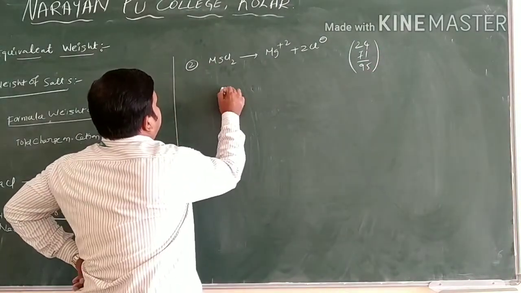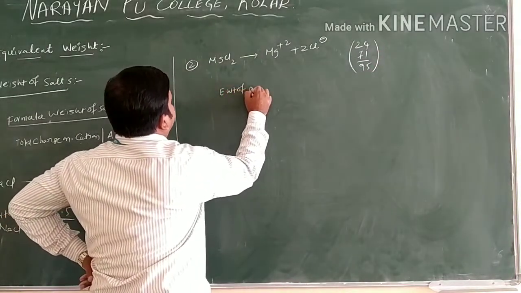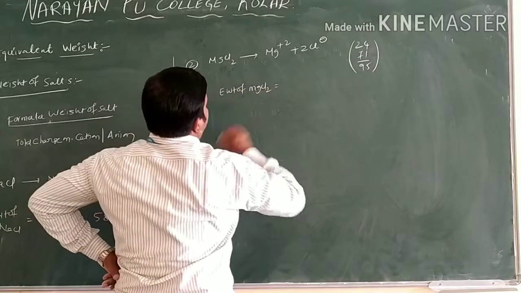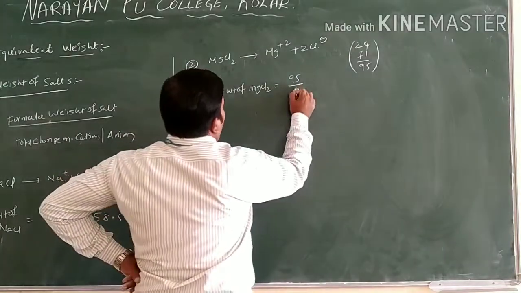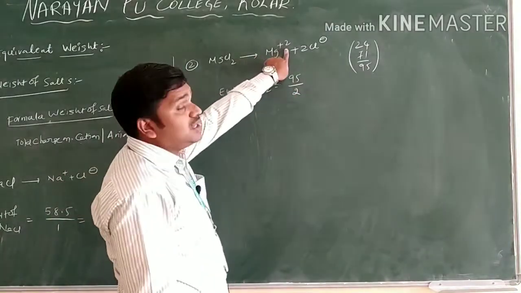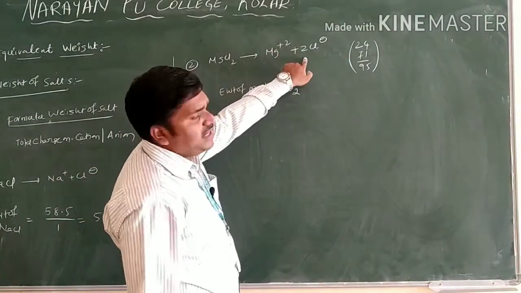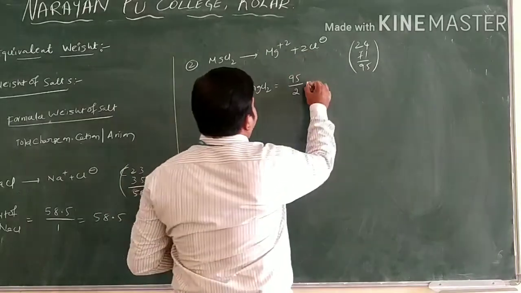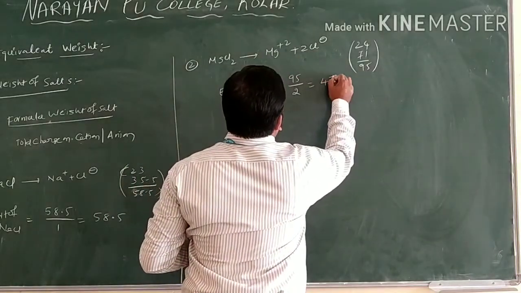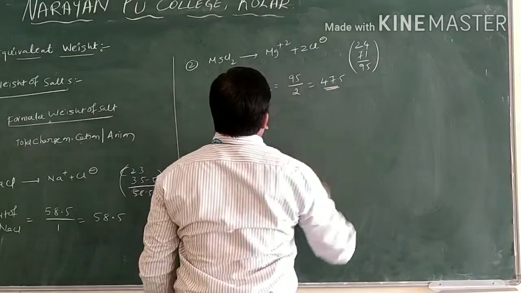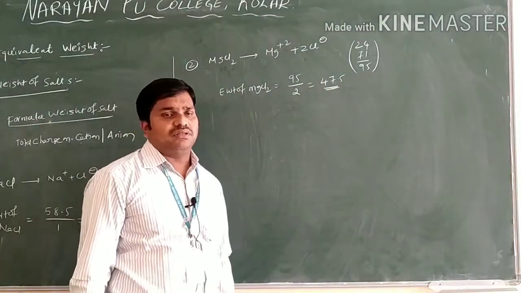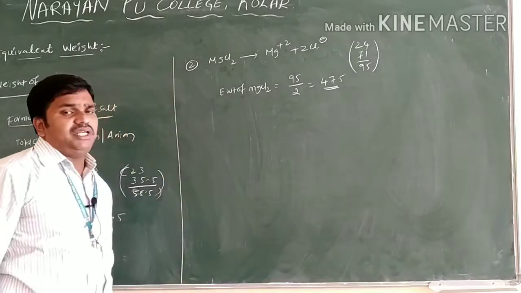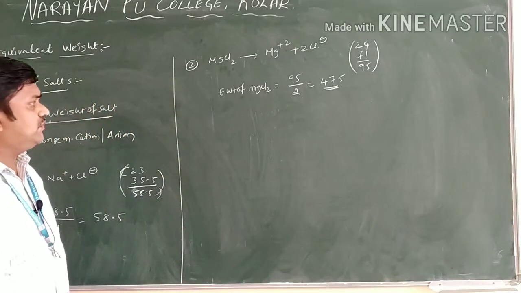So I will write here the equivalent weight of MgCl2 is equal to 95 by 2. Why by 2 here? The charge is plus 2 only. What you will get here? You will get 47.5, which is the equivalent weight of MgCl2 only. Like this you can identify the equivalent weight for the different types of salts only.